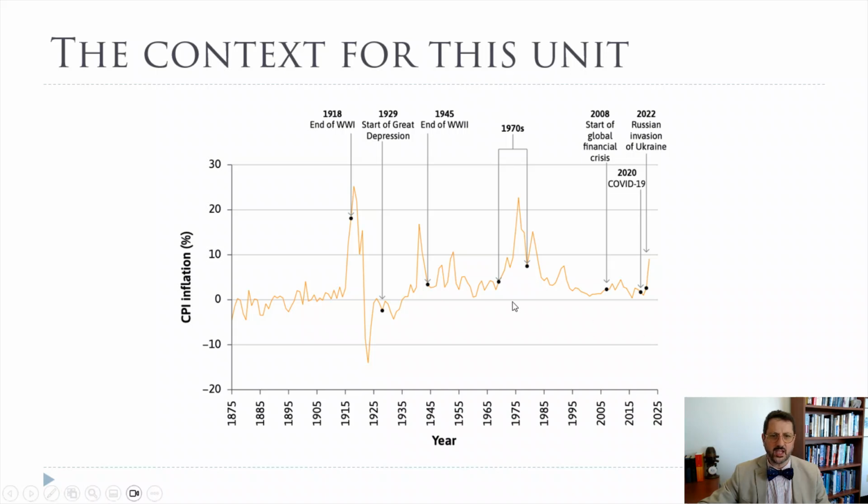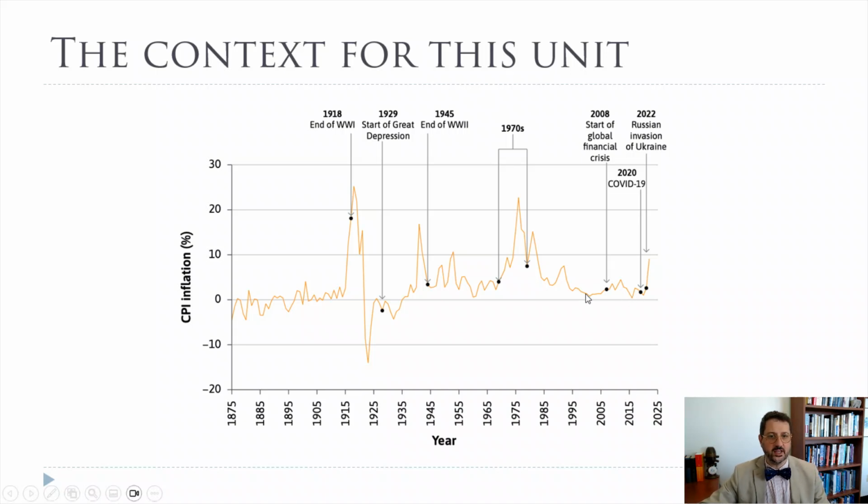And then we had inflation in the 70s and early 80s caused, at least initially, by significant oil price increases due to the formation of OPEC, the Organization of Petroleum Exporting Countries, and then some wars in the Middle East that caused a spike in the price of oil as well.